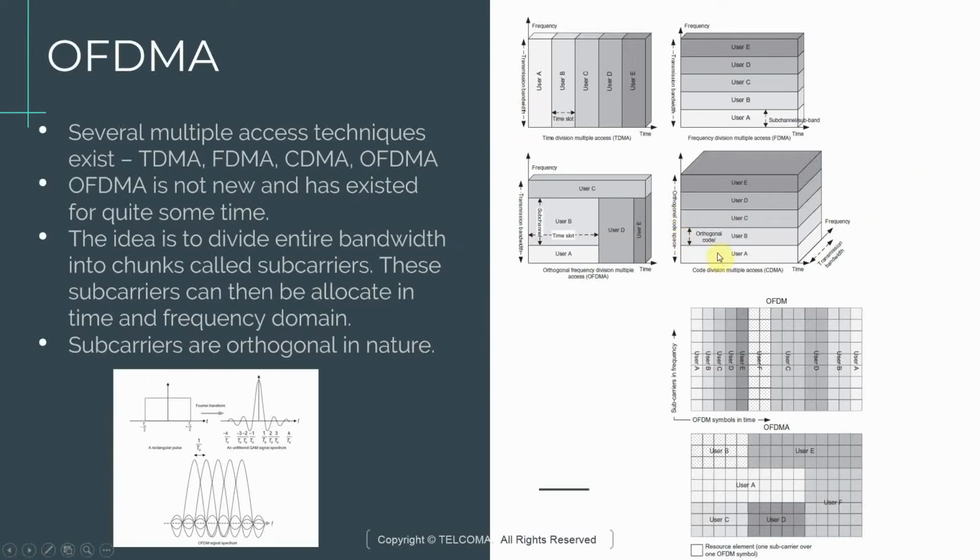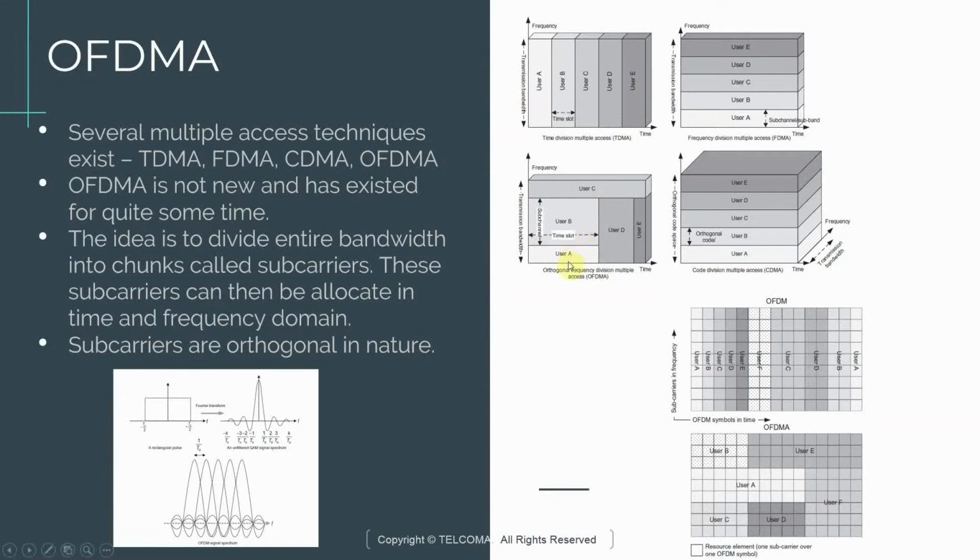So that's CDMA. In OFDM, this is pretty smart. What you do is you divide your frequency into small chunks. They don't have to be all of the same size. And you allocate chunks of this spectrum in both the frequency domain and the time domain.